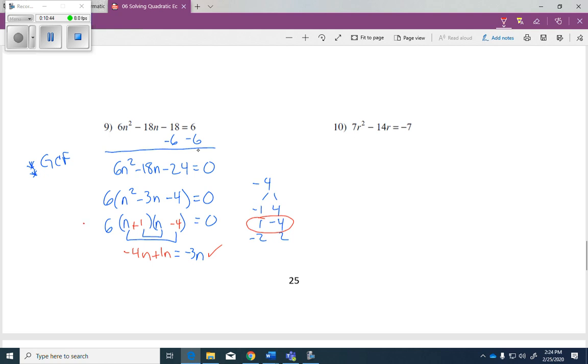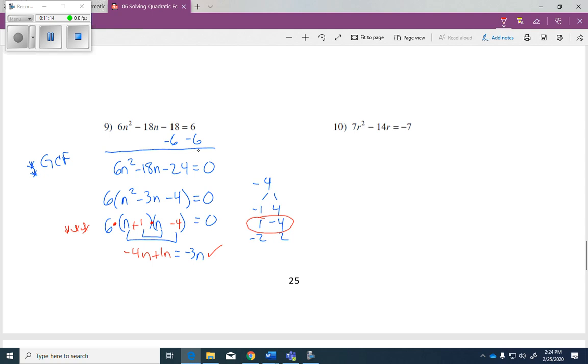So now this is where I'm going to use my zero product rule. There's actually 3 factors here. 6 is being multiplied by the n plus 1, which is being multiplied by the n minus 4. So out of these 3 factors, something must be a 0, because if their product turns out to be 0, one of those 3 factors is 0.